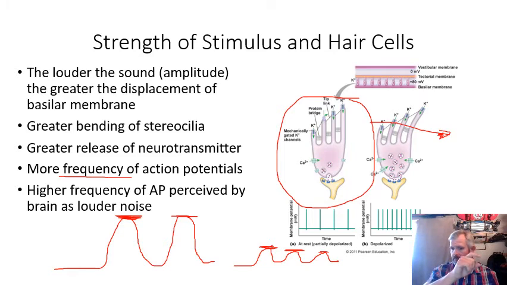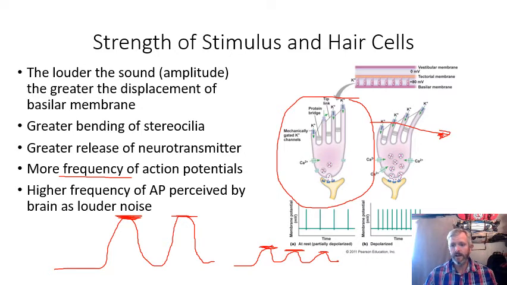Earlier on, higher frequency, higher pitch. Later on, medium frequency, medium pitch, and further down the line, lower frequency, lower pitch. So we're getting both pitch and loudness.